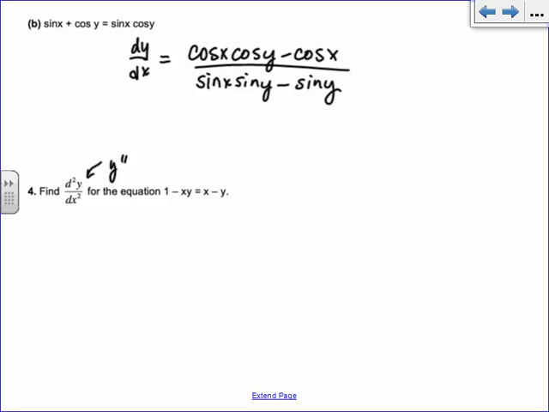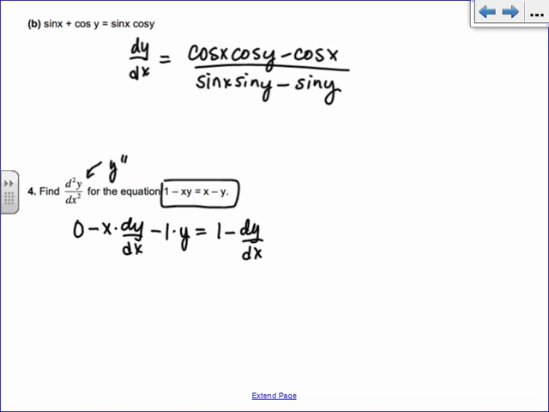All right, so then this last one. It's asking for the second derivative. So we're going to go ahead and take this equation, and we're going to do the first derivative. So I'm going to have 0 minus x times dy over dx minus 1 times y equals 1 minus dy over dx. Do you guys see how I took the derivative there? All right, get everything on one side that has dy over dx, so I get 1 dy over dx minus x dy over dx equals 1 plus y.